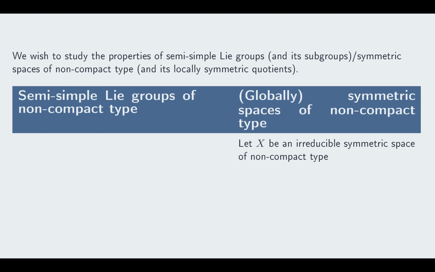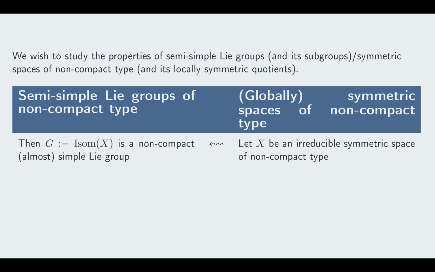So the main objects of study are globally symmetric spaces of non-compact type. We can work with the irreducible ones. Every globally symmetric space of non-compact type is a product of irreducible symmetric spaces of non-compact type, and the irreducible ones have an almost simple Lie group as isometry group.